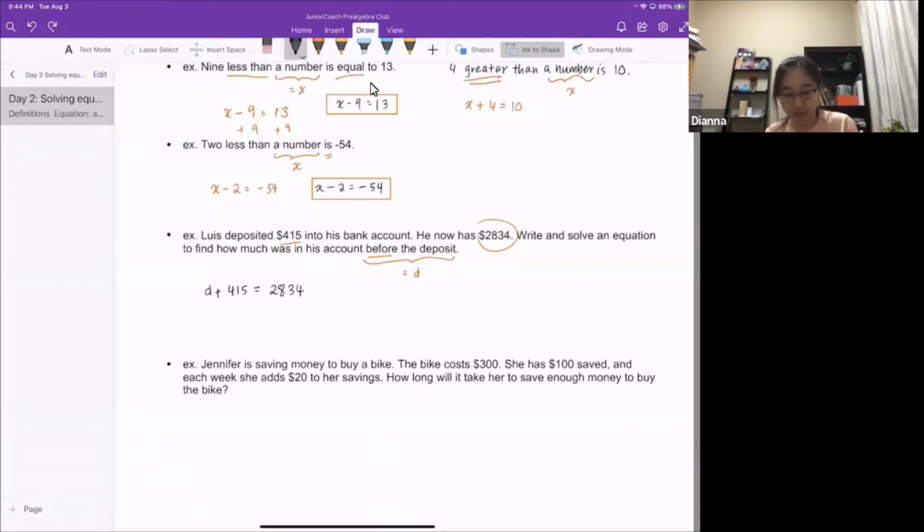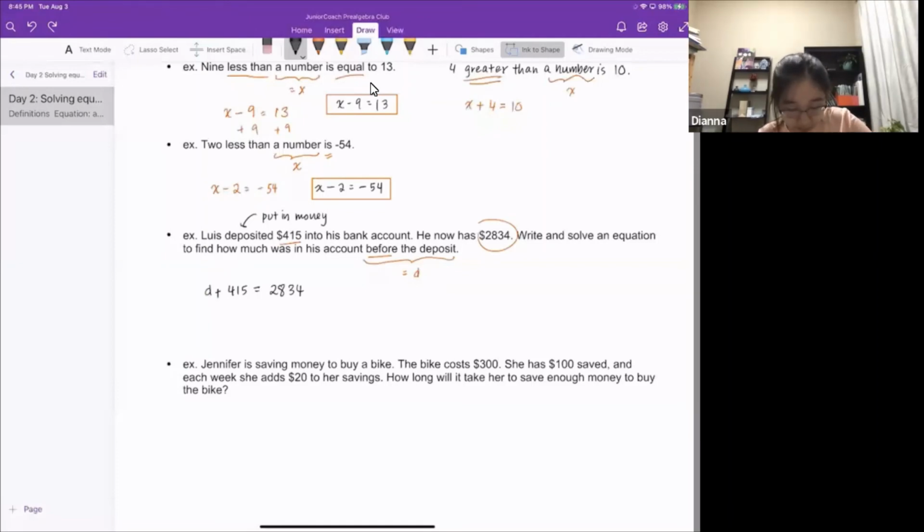Here we're putting in money. Deposit means put in money. But if you put a minus sign, that would mean that you're taking away money, right? So that's the complete opposite. So here, that's how we kind of know that we're doing it right. So D plus 415 equals 2,834.